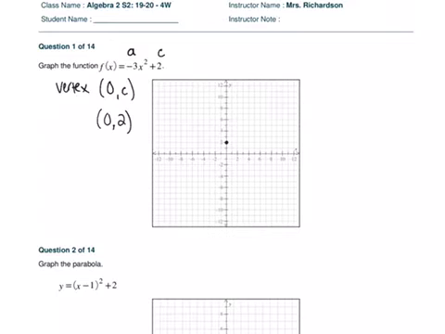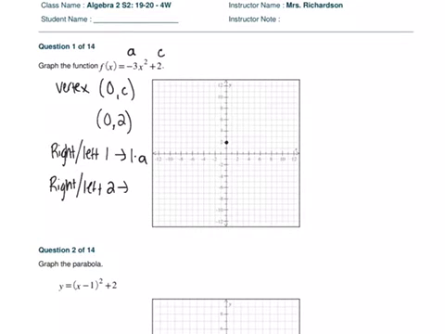Okay? Then from there, remember the pattern with parabolas in graphing is moving right and left 1, and then up or down 1 times whatever the a is. And the same thing with the next set, you move right and left 2 spots, and then you move up or down 4 times whatever the a is.